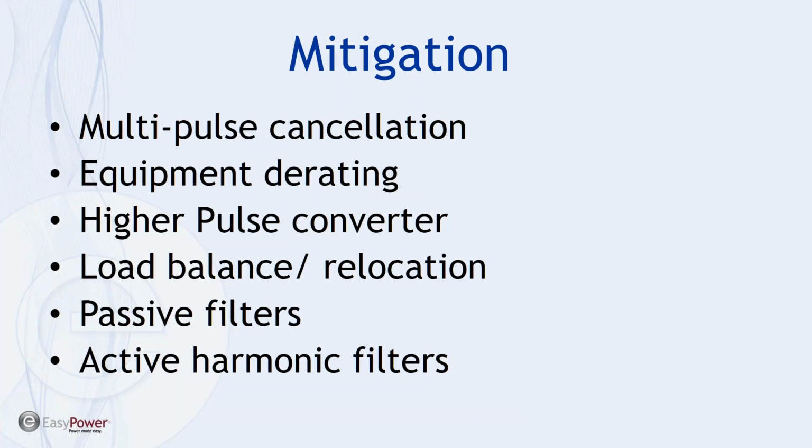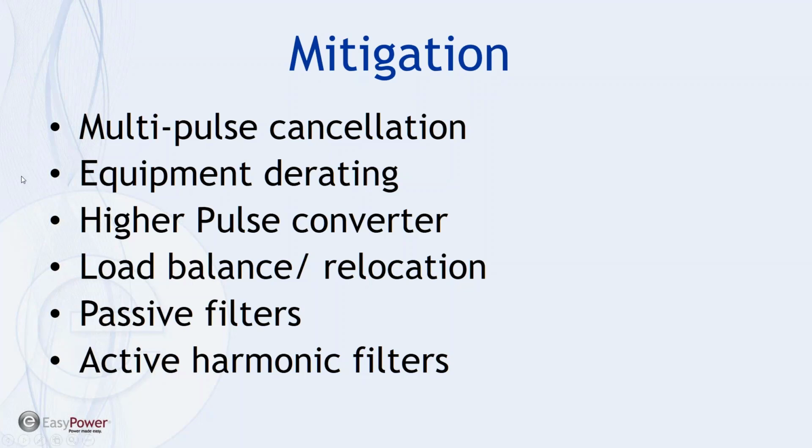In fact, multi-pulse cancellation is probably the more frequently preferred methodology rather than just slapping in a new filter. And this involves canceling the pulses from different time frames or phases such that you still have the rectification, but the frequency basically cancels out because you have different combinations of transformers supplying the pulses.